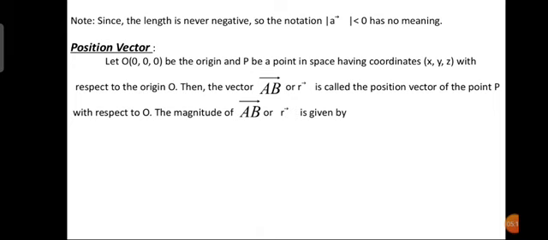Then vector OP, or vector R, is called the position vector of the point P with respect to O. You just go through this, it is not so important. This is the position of a vector according to the coordinates.